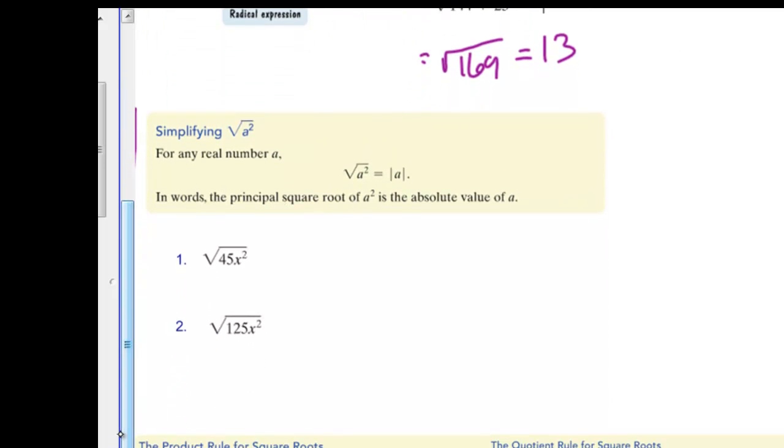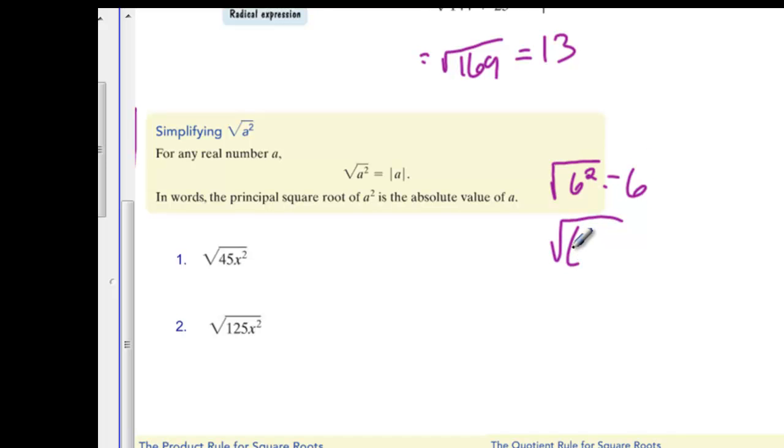All right, so if you take the square root of a variable squared, whenever you pull it out, you have to put the absolute value. So it's no different because we're giving the principal square root. It's no different than what we just talked about, that the square root of 6 squared is going to give us 6.